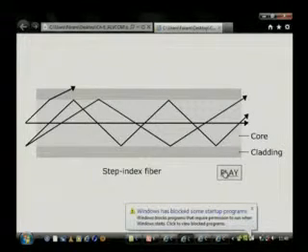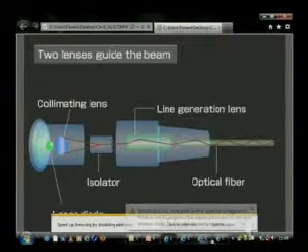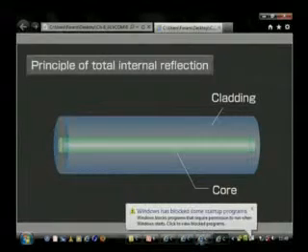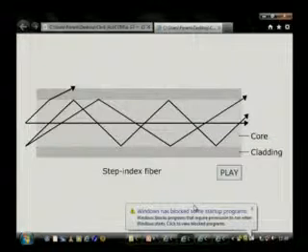We can see a perfect zigzag pattern inside the core. But in the graded index fiber, the reflection occurs due to the gradually changing refractive index, and we cannot have this type of perfect pattern.